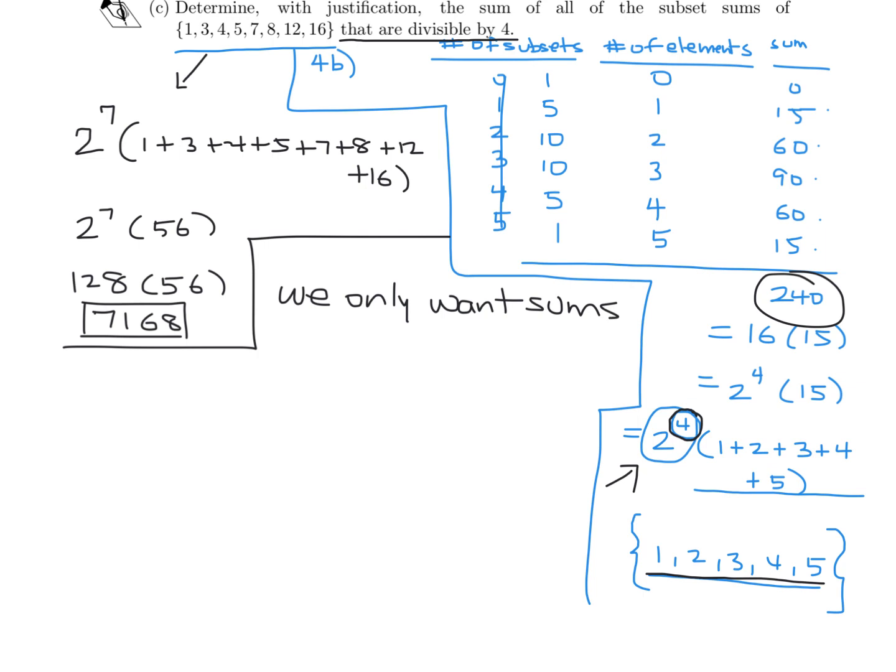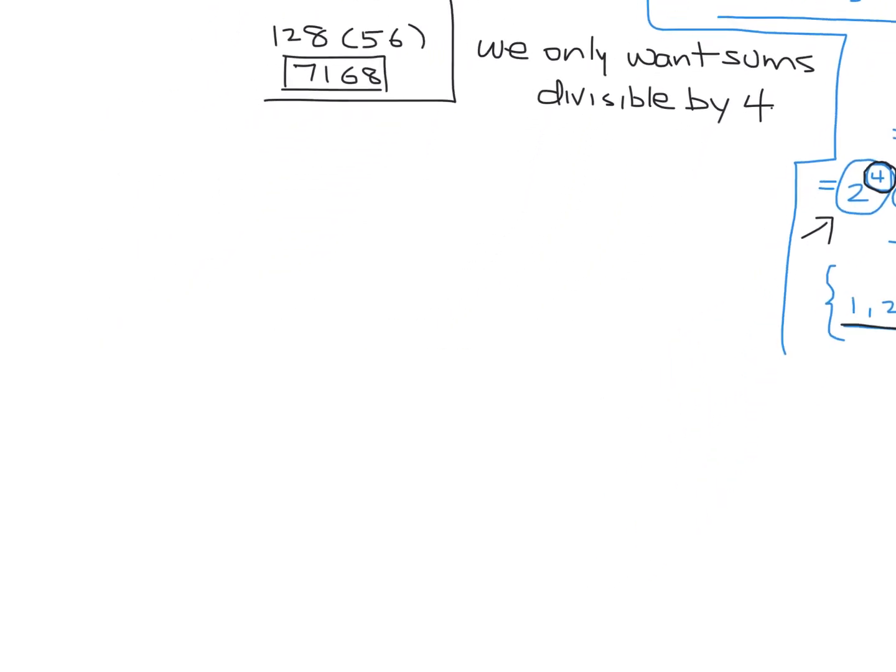All right, so that means only multiples of 4 are really going to be in play here. So this is what we do. We kind of have to take this one step at a time.